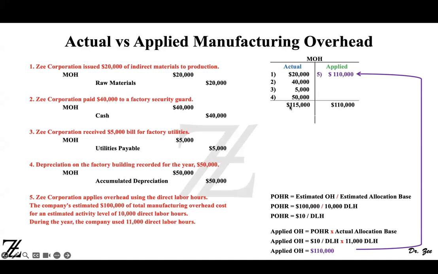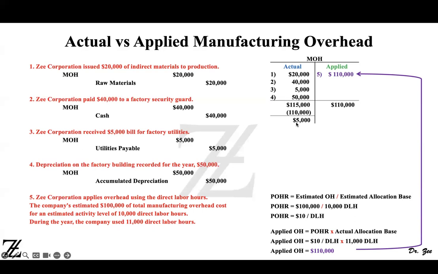So your left-hand side is 115,000, your actual. You're applying 110,000, which means that you applied less than what you actually incurred, right? You applied 110,000, but you incurred more. So if you balance it out, you subtract 110,000 from 115,000, you get a 5,000 balance, because you applied 5,000 lower than what it should have been.